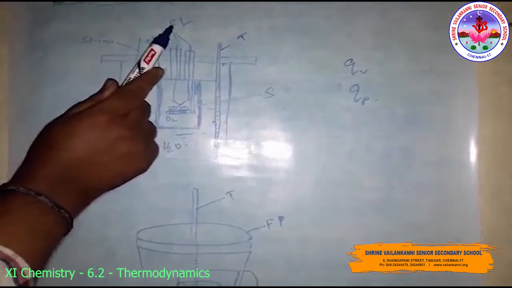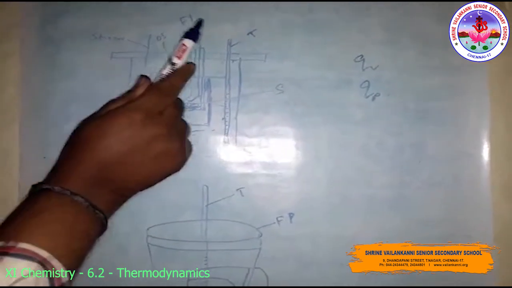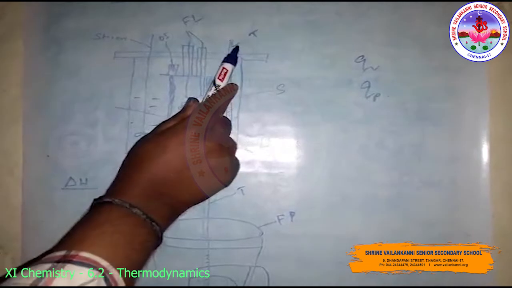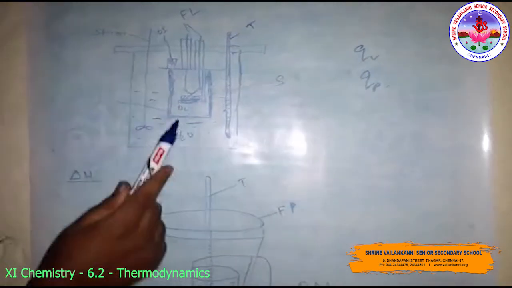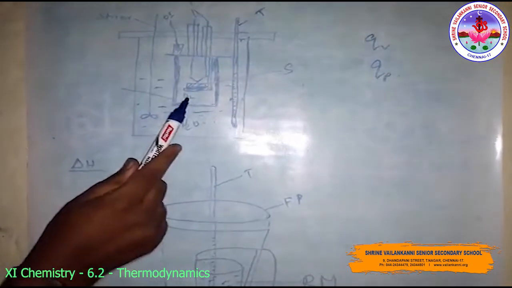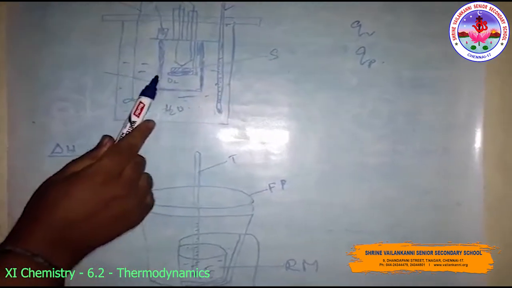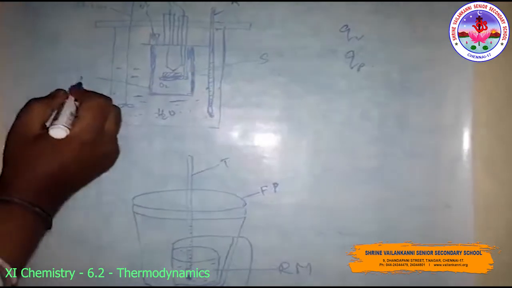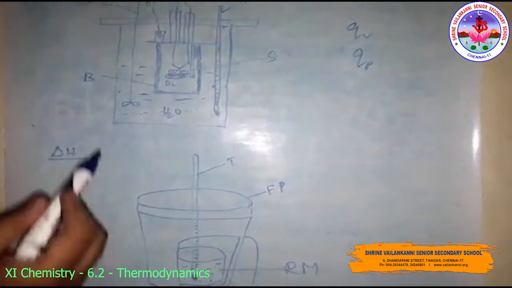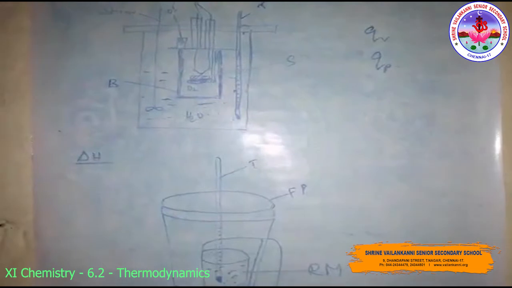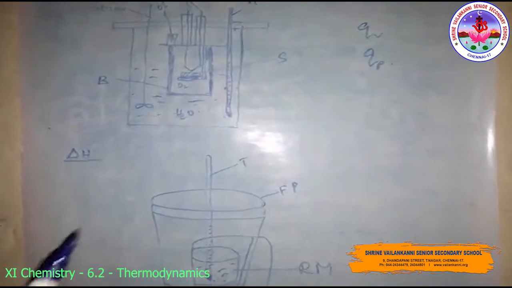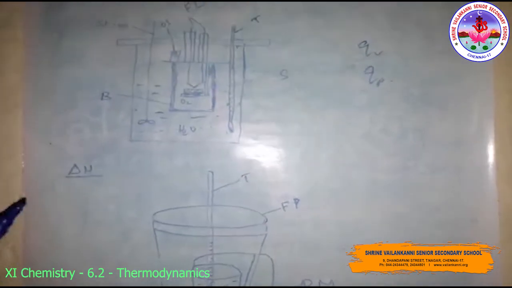FL is the firing leads, and this is the thermometer. This is O2, oxygen under pressure. This is water, this is the bomb, and this is the sample. Then the steel vessel.